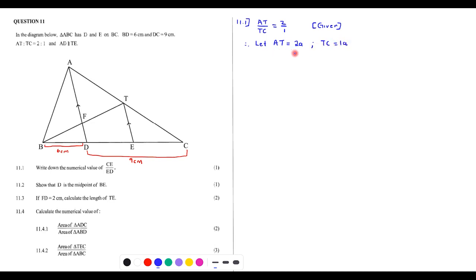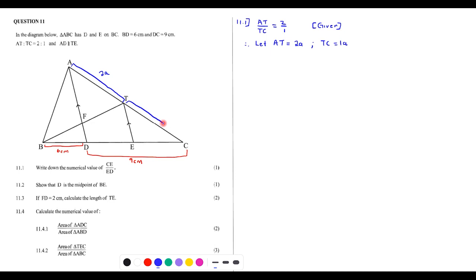I introduced a multiple, multiple A. This helps me understand that AT and TC are not actually 2 centimeters and 1 centimeter, but when I multiply them with a multiple, they can give me an actual length for AT. So I'm going to put it there like that so that I can see what is happening. So this is 2A and TC is 1A.